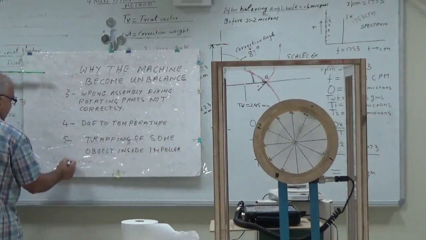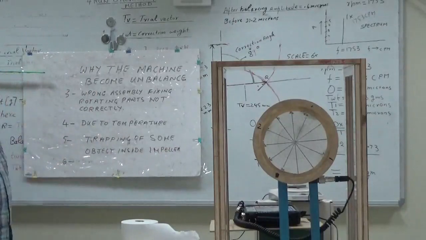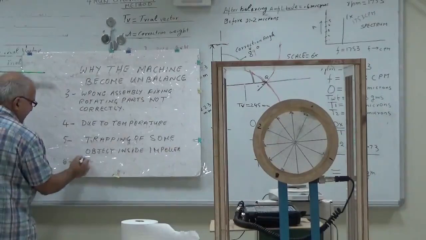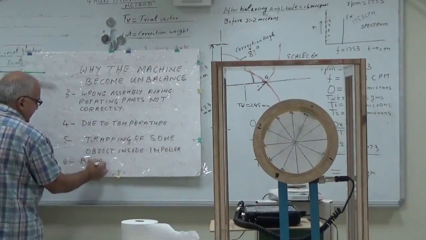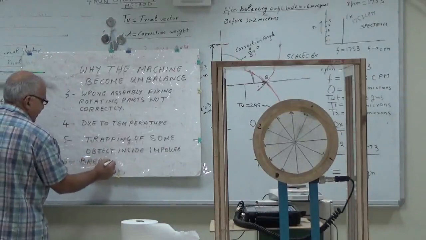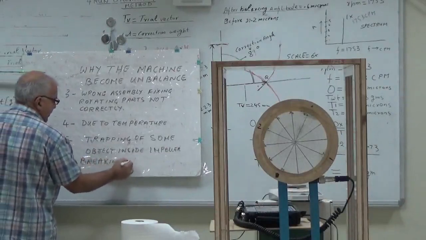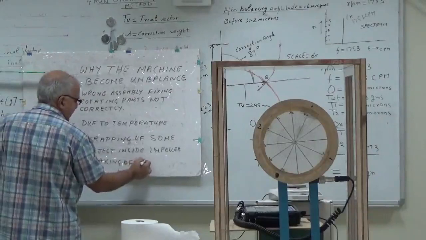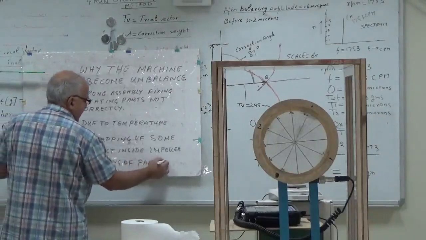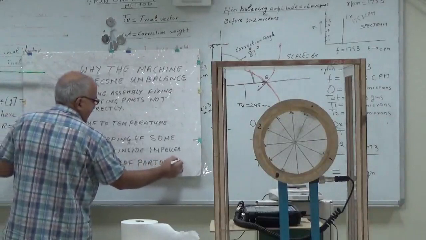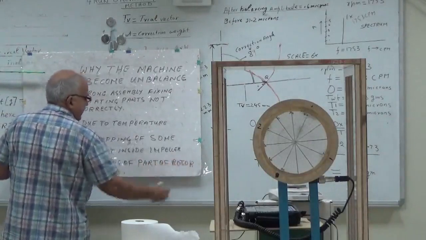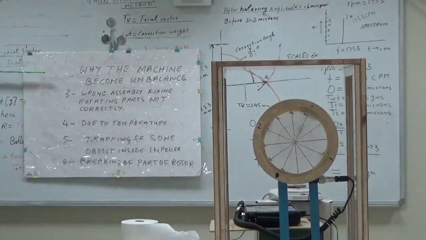And number 6, you can say breaking of a part of the rotor. So these were some causes for a machine to become unbalanced.